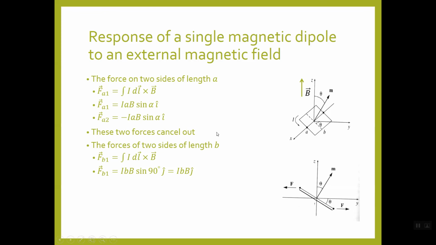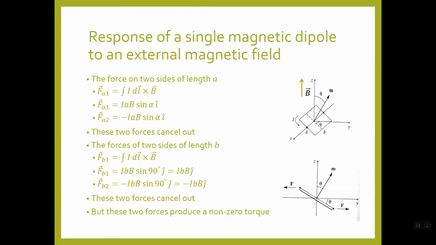Doing the cross product here, dl is b in this case, the length of the wire, and the angle between my B field and this length of wire is 90 degrees. So I get I b B j hat. Doing the same thing for the opposite side, I get the opposite direction, same magnitude. So these two forces also cancel out.